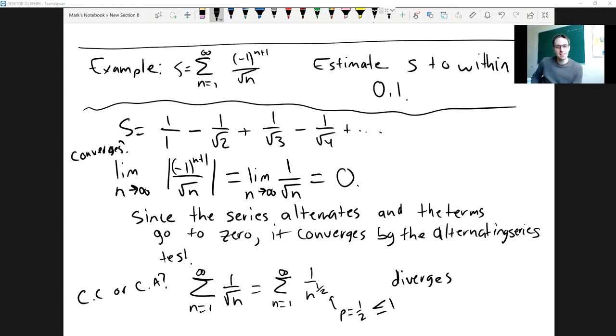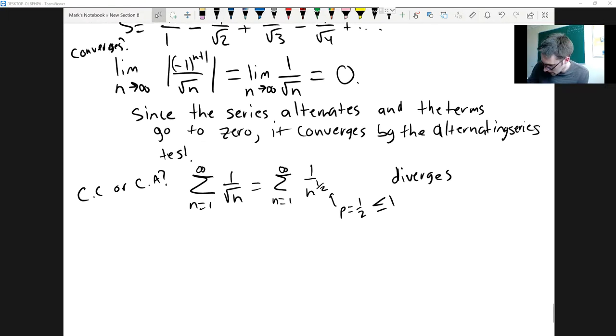That means that the series converges when it alternates, but it doesn't converge when you make the terms positive. And so we would say that the sum of negative 1 to the n plus 1 over root n does not converge absolutely. It only converges with the alternating property. So it converges conditionally.